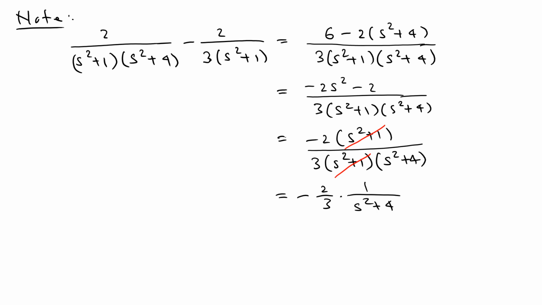This simply suggests that if you take the inverse of this whole expression, we can put the 2 with that, and you should get negative 1/3 sine 2t.